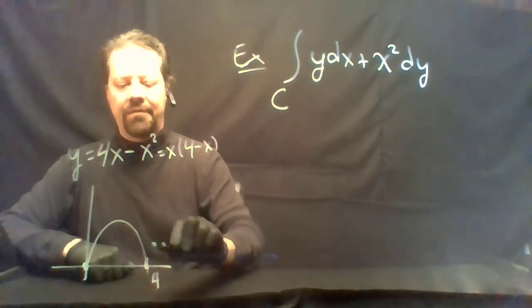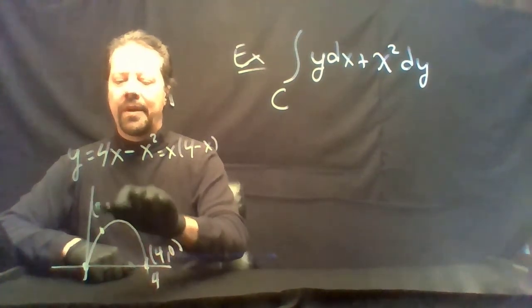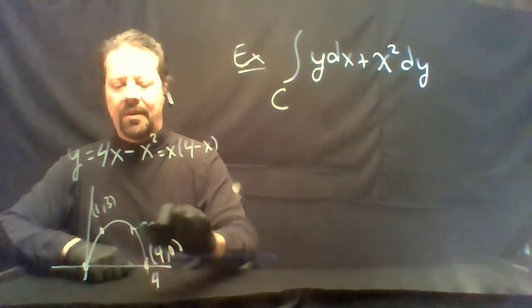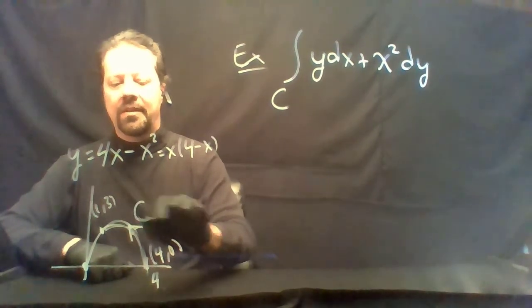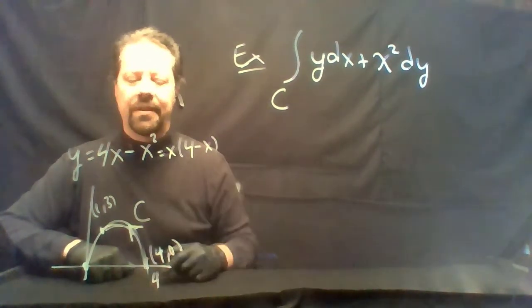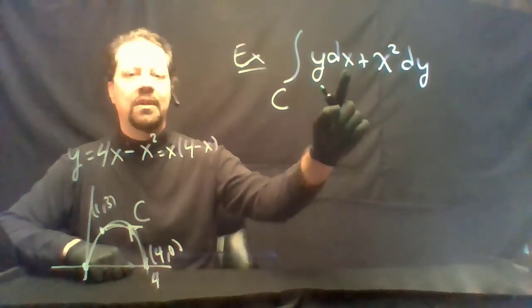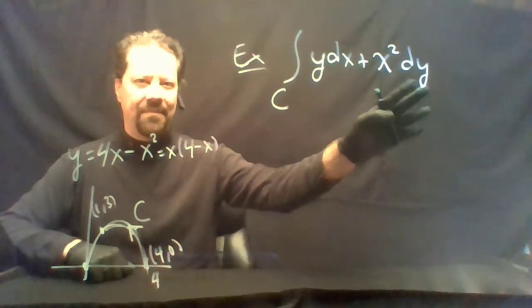And I want to go from the point 4, 0 to the point 1, 3 on this curve in this direction. So the curve needs to be specified with an orientation for these sorts of integrals, because the direction you go will determine the sign of the dx and the sign of the dy.